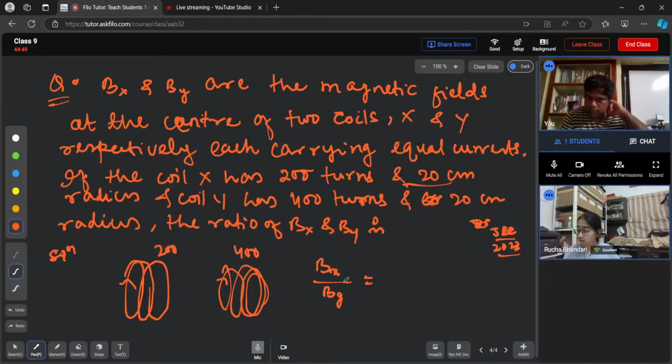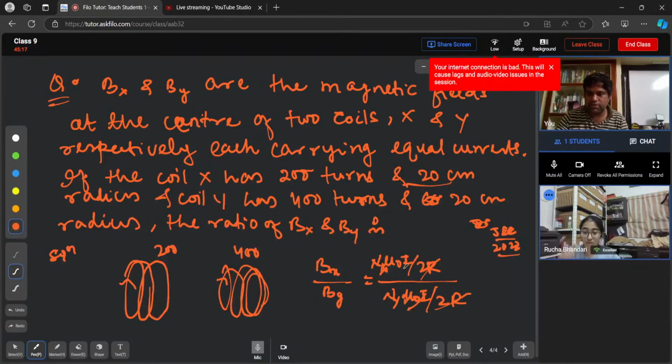They said at the center, so we have to use B equals mu naught N I by 2r. The same current I and the same radius, so mu naught I by 2r cancels out.